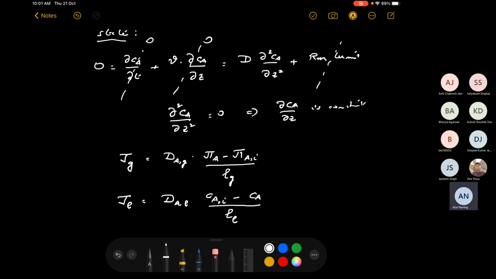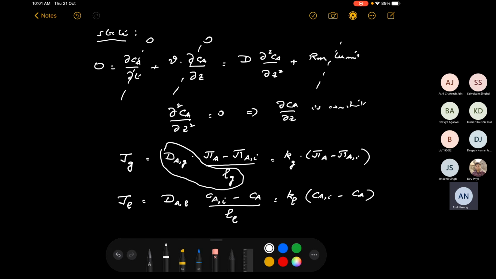Now, it turns out that it is convenient to combine these quantities, and you write this as K_G, strictly speaking K_A,G, multiplied by pA minus pAi, and this is written as K_L multiplied by CAi minus CA. This K_G is called the gas side mass transfer coefficient.